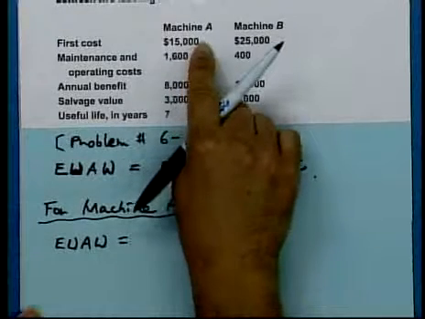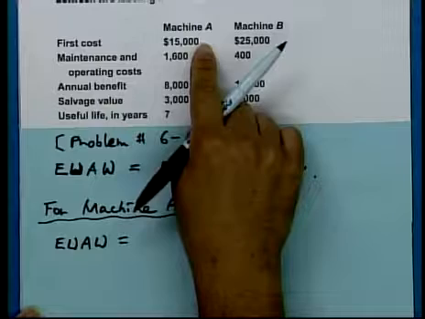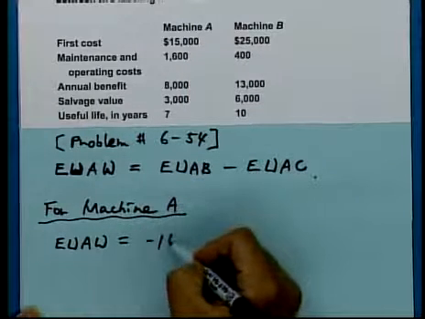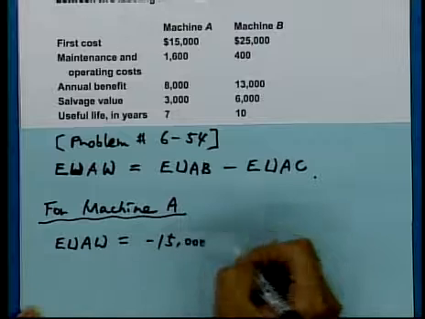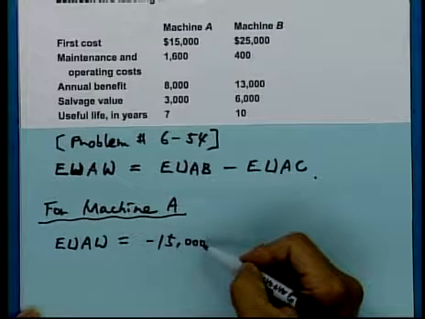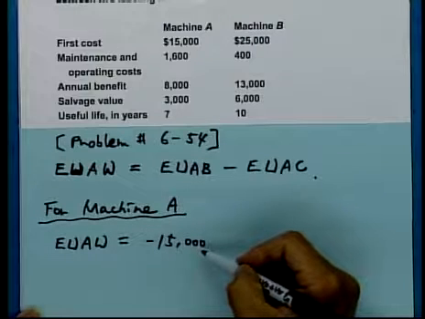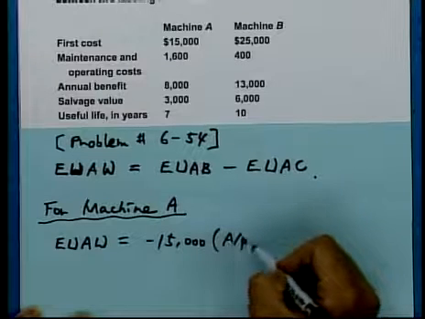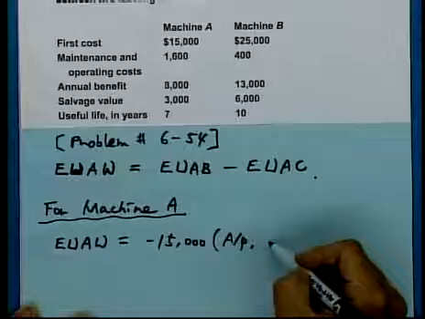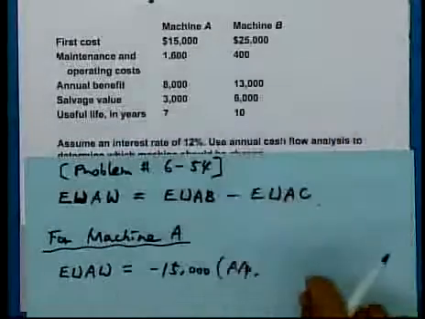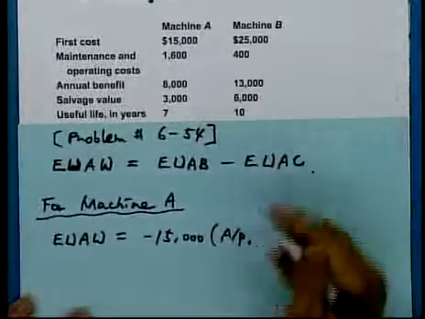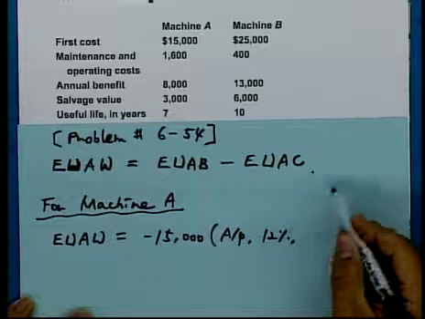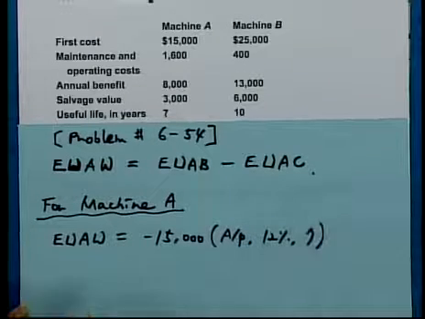First of all, you need to consider the first cost. That's going to be negative $15,000. And you need to convert it to equivalent uniform annual cost. So A given P and 12% interest rate over 7 years, right?